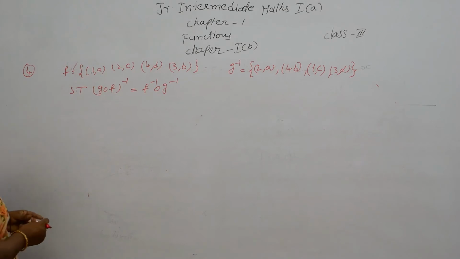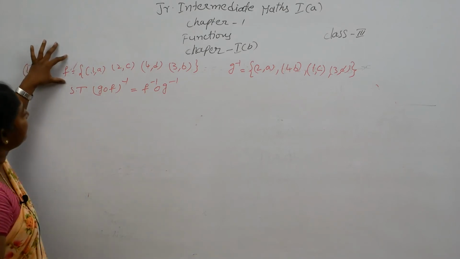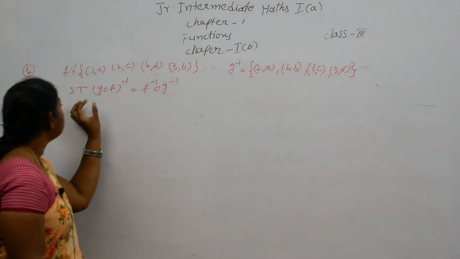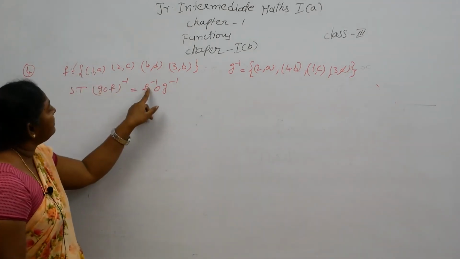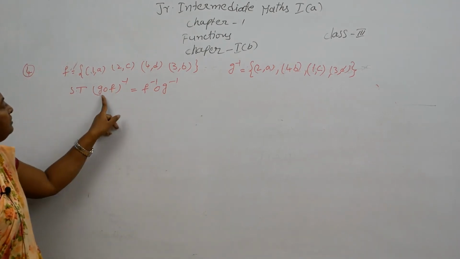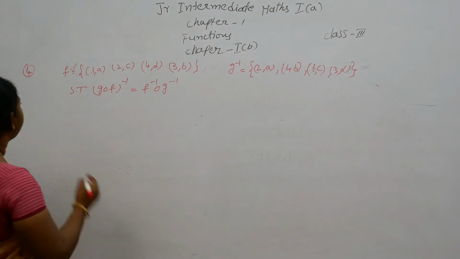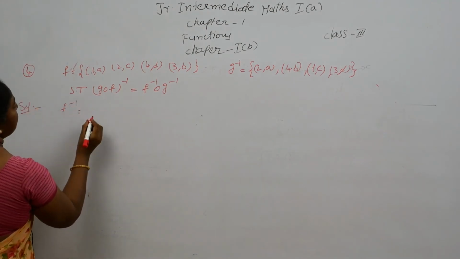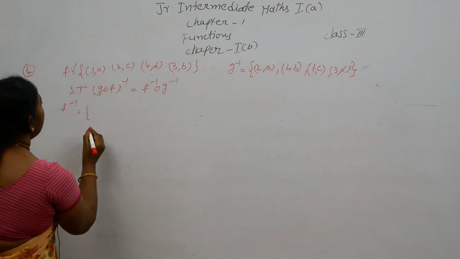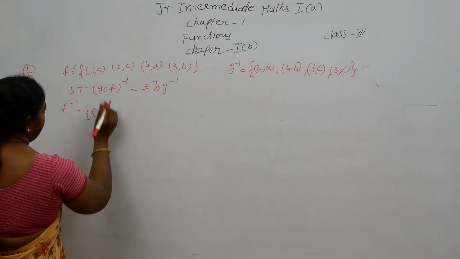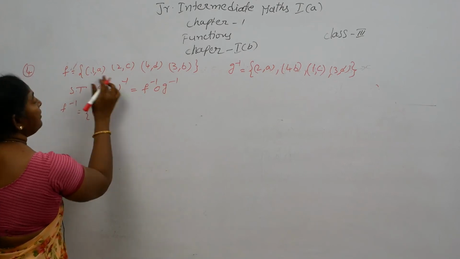So first here f value is given, here g inverse value is given. So here f inverse, g inverse both given, and g also, g of f. G also we have to find first. F inverse means domain and codomain will change. So range and domains will change.